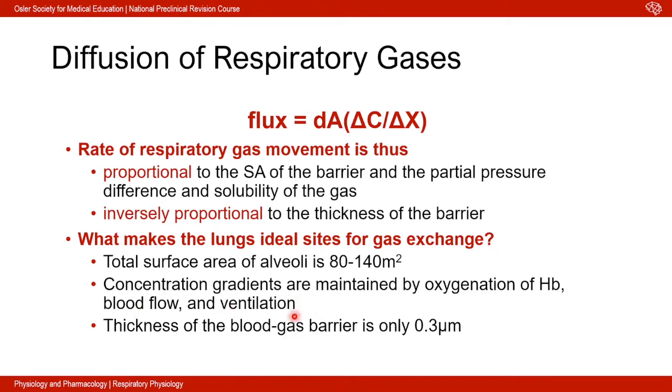We've also got ventilation, which is changing the gas concentration all the time. Also, our blood gas barrier is only 0.3 micrometers thick. So all of these things mean that this equation is optimized.